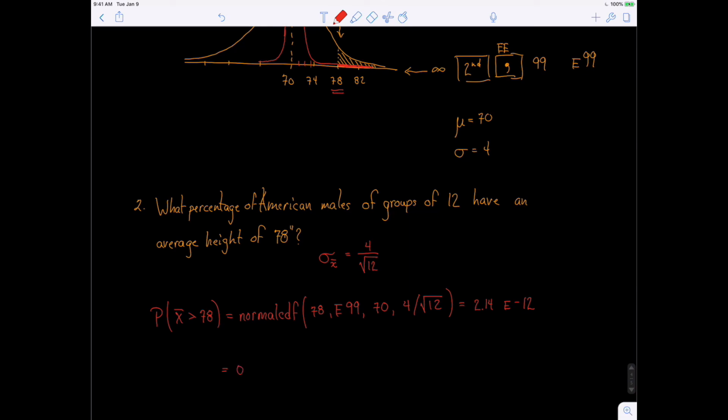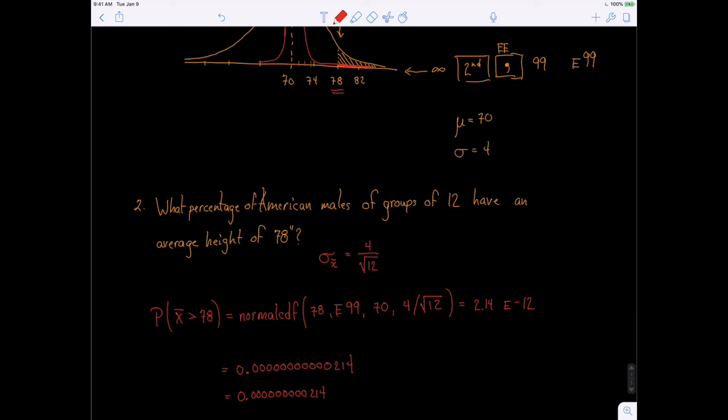So that means there's going to be 1, 2, 3, 4, 5, 6, 7, 8, 9, 10, 11 zeros, and then the 2, 1, 4. Or if you wanted to write it as a percentage, that would be 0 point, then 9 zeros, and then the 2, 1, 4.